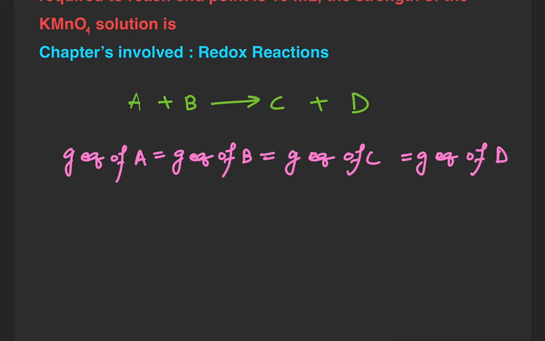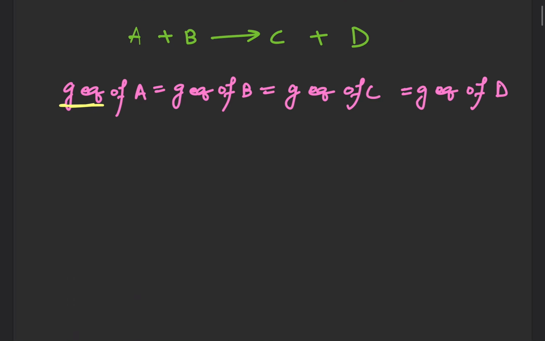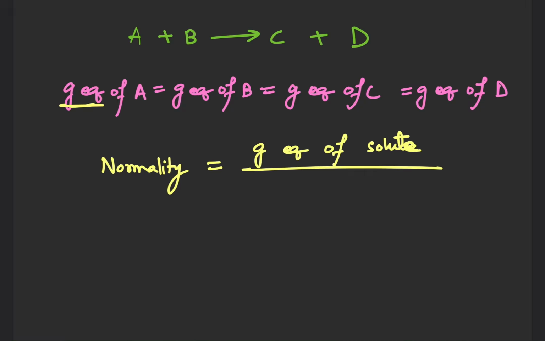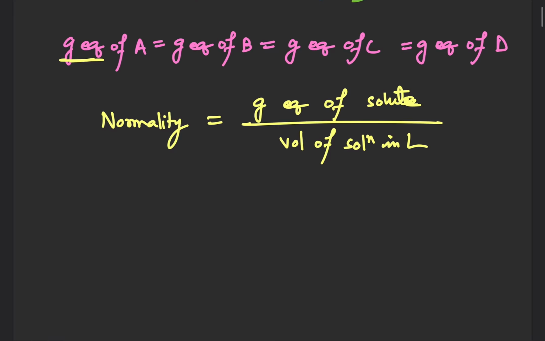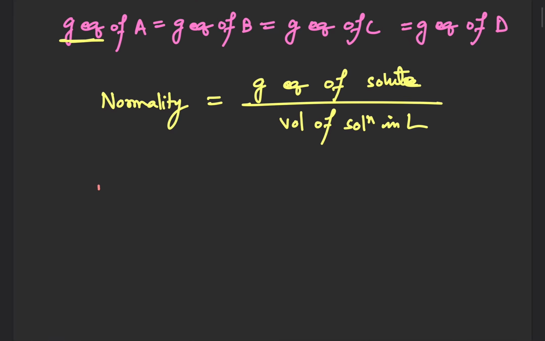To calculate the gram equivalents of a substance, we know that normality is equal to gram equivalents of solute divided by volume of solution in liters. We also know that normality is equal to n factor into molarity.